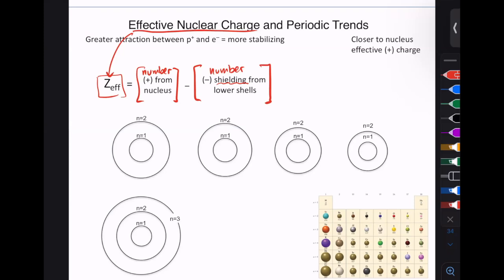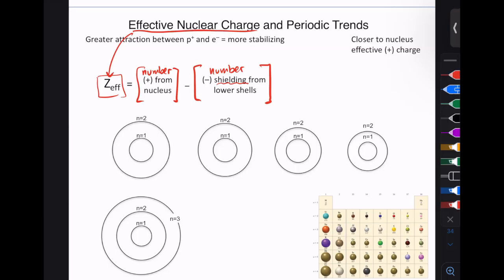So we want to be able to track what is the effective positive charge that those valence electrons are seeing from the nucleus. Given that the farther away they are, they're not only far away from the charge, but they're also being shielded from that positive charge by all the negatively charged electrons in completed shells beneath it. Okay? So it'll make more sense when I actually give you some examples here.